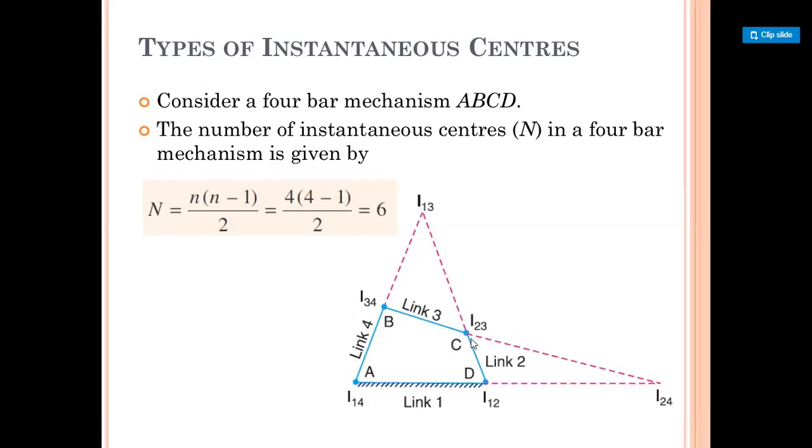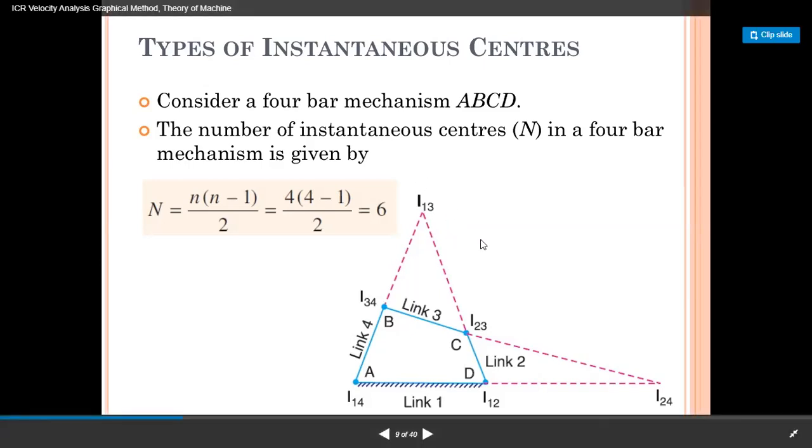So the two different kinds of primary instantaneous centers are, first, the fixed instantaneous center, and second, the permanent instantaneous center. Next, the two different instantaneous centers in this figure are I13 and the second one is I24.